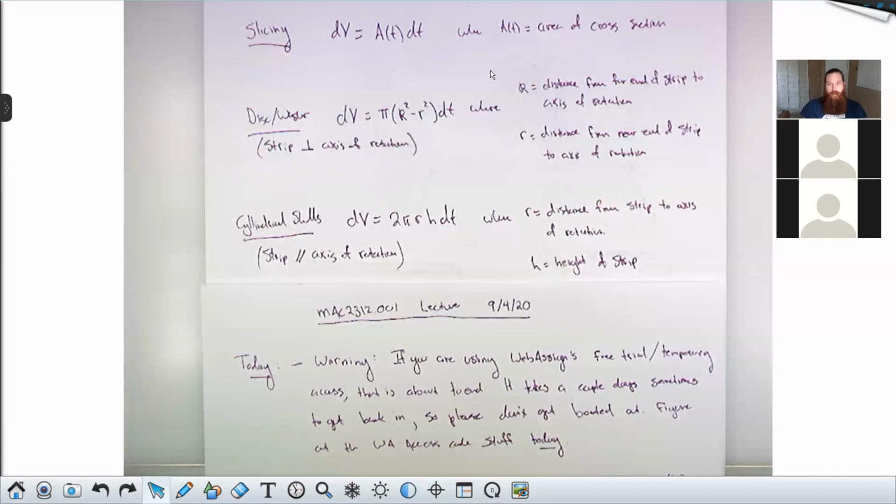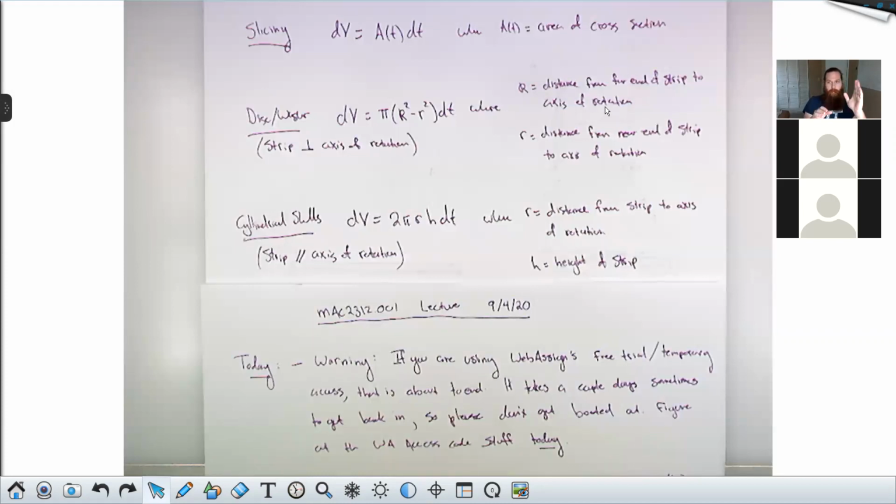You imagine revolving just that strip. You'll get a little differential solid like we saw, the red solid in those videos, and it will have two radii, an outer radius and an inner radius. The outer radius is always, and this is how you need to think of it, think of this as the definition. So again, if you haven't written this down, please write this down. The outer radius is defined to be the distance from the far end of the strip to the axis of rotation.